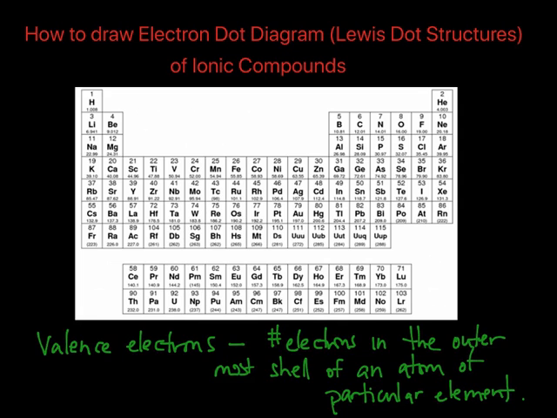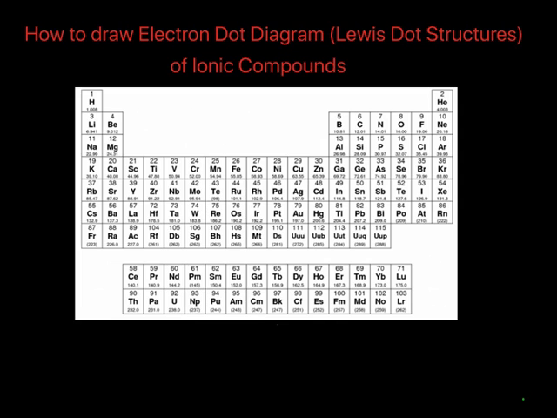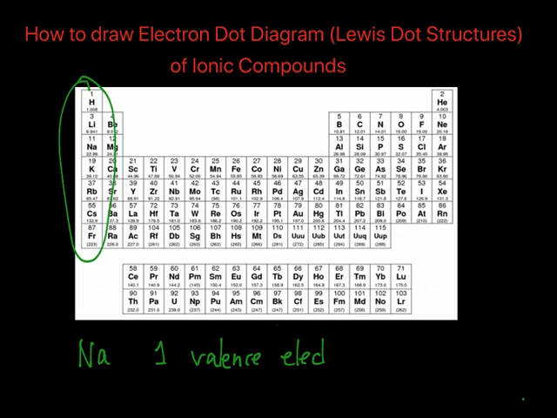Depending on the type of element, you'll have different numbers of electrons. For example, if you look at the first column, these are the alkali metals, and they have 1 electron in their outermost shell. Sodium has 1 valence electron. Hydrogen also has 1 valence electron.